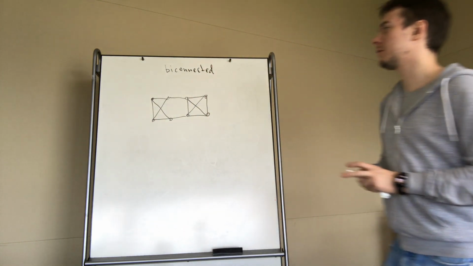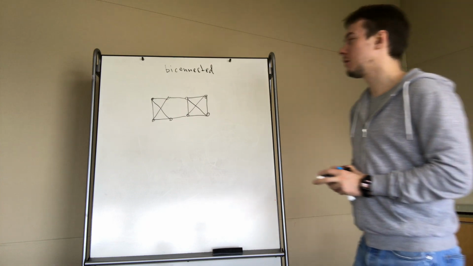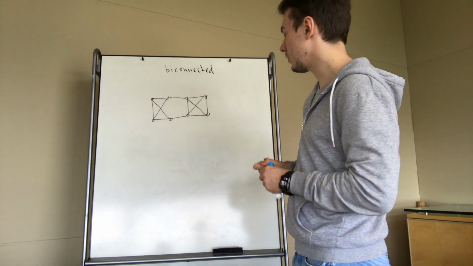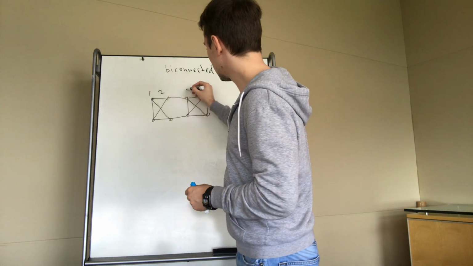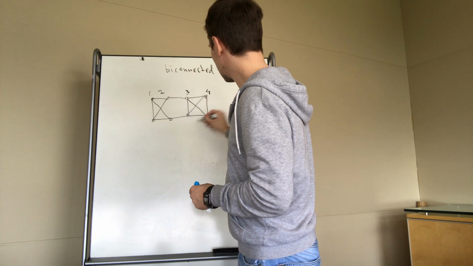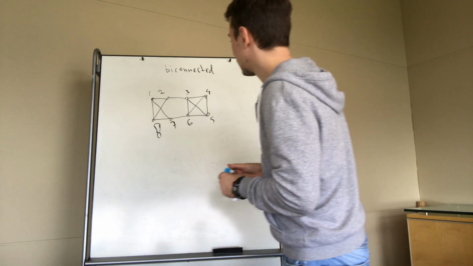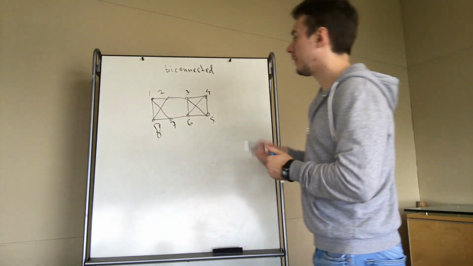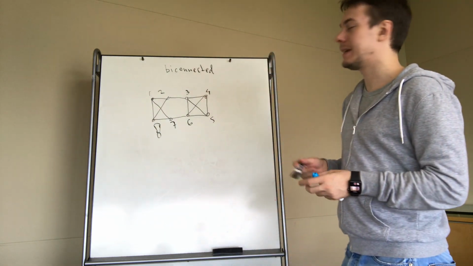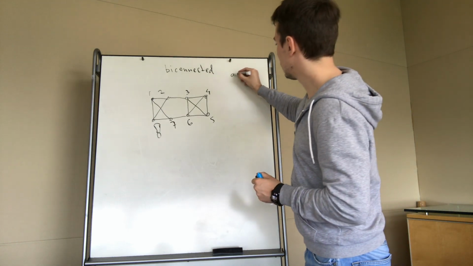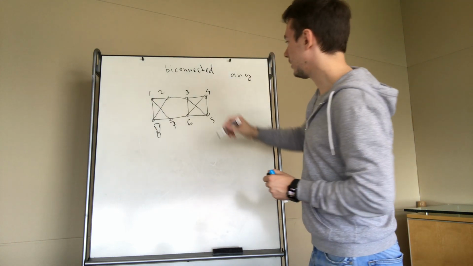And we want to check if this graph is a planar one or not. The first thing we need to do is to find any cycle in this graph.